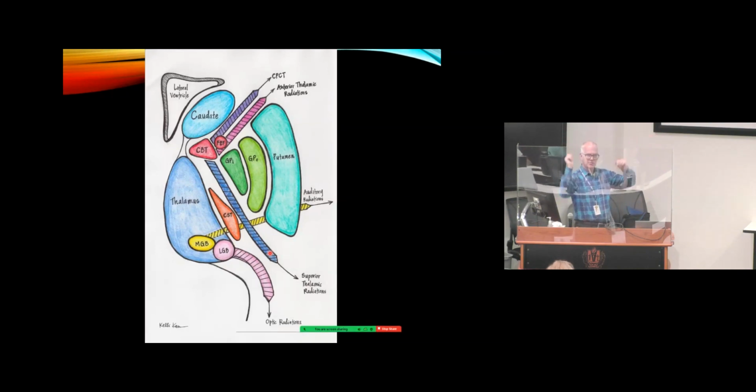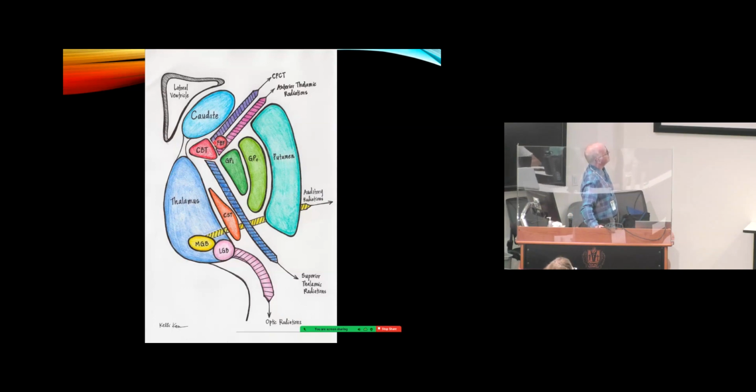So anything you are going to feel in your face, arm, and leg is going up to the postcentral gyrus here through the superior thalamic radiations. Okay, and so we will talk about stroke syndromes and other things that involve these motor and sensory pathways. They're really important.